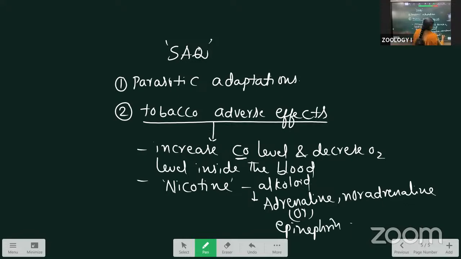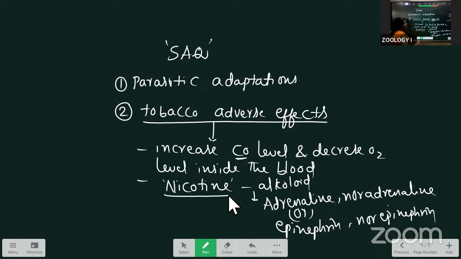Or norepinephrine. Both of them are fight and flight hormones. If people take tobacco, this tobacco contains the alkaloid nicotine. It mainly stimulates the secretion of the adrenaline and noradrenaline hormones. These hormones mainly cause an increase in blood pressure.